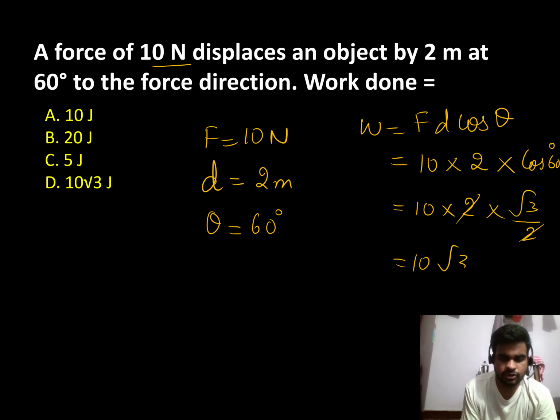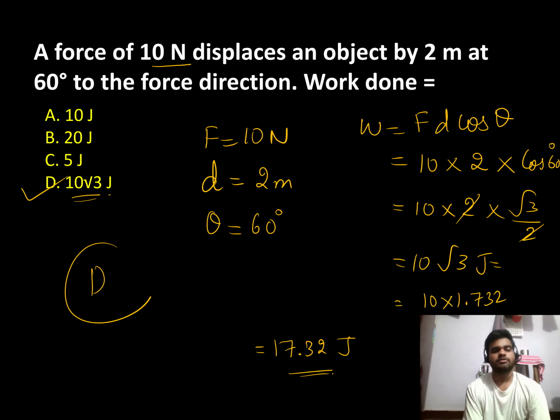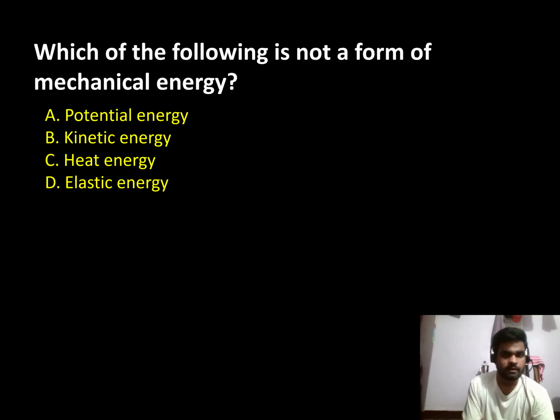So the answer is 10 root 3 joule, or 10 into 1.732, or we can write 17.32 joules if asked. Here the option is 10 root 3. This is the right answer, so option D.